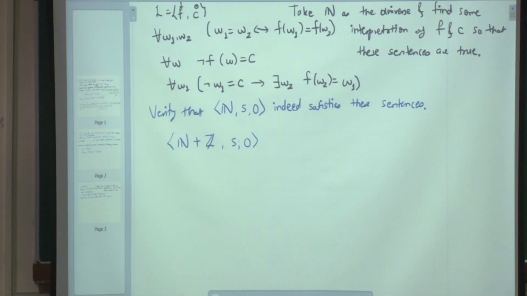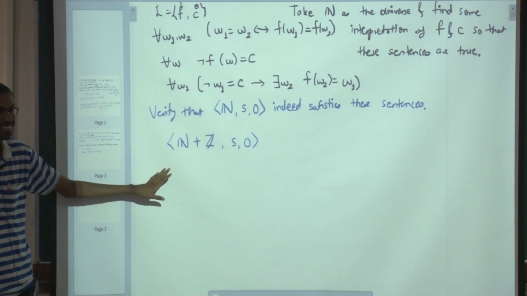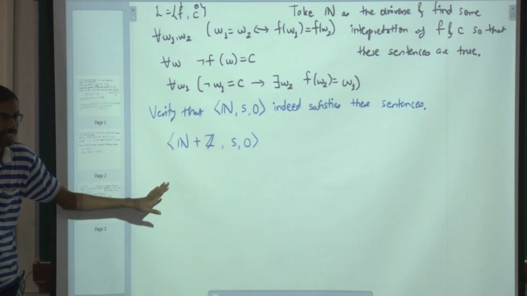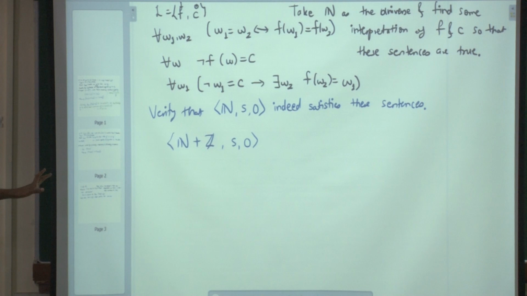So we also have something like this, and this is called a non-standard model of arithmetic. There are infinitely many such. We will talk about them in due course of time. But over here also we can do arithmetic. It's a non-standard model of arithmetic.